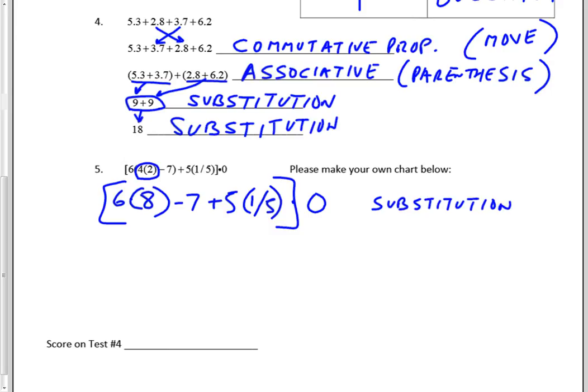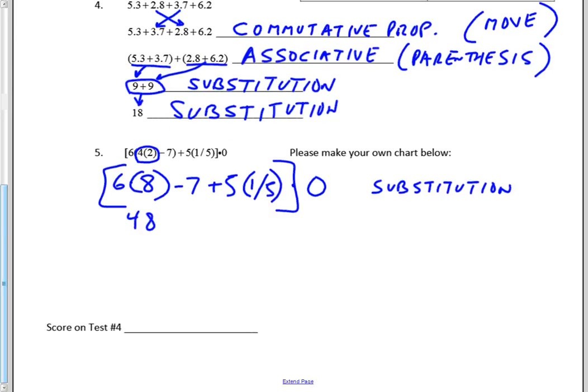What do you want to do next? 6 times 8. 48. So we did this right here, and that became 48. I'm going to leave all the rest of the stuff here.